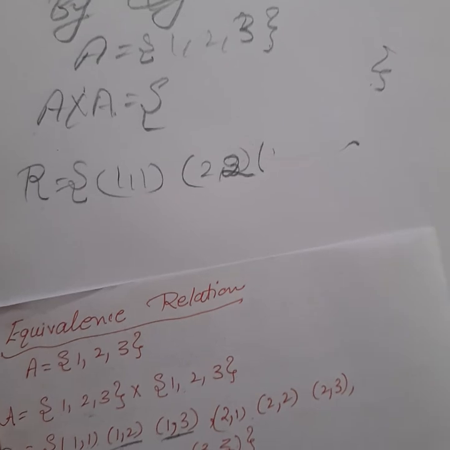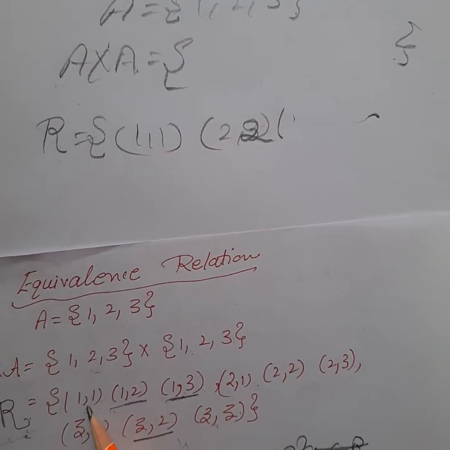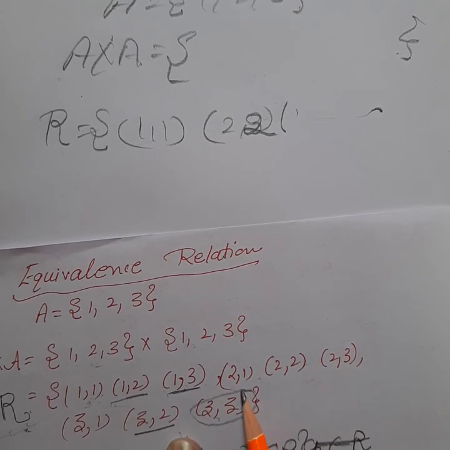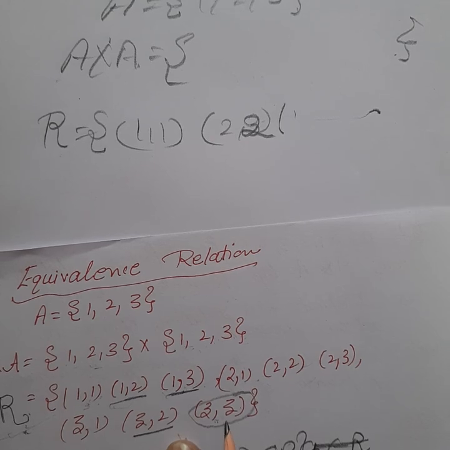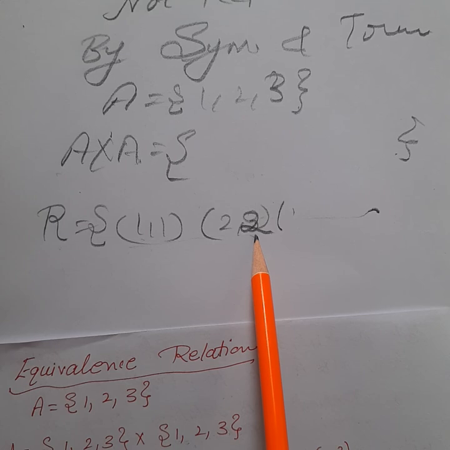You can write all the elements. Yes, you can write all the elements. You can see that (1,1), (2,2), and we do not write (3,3), because if we write (3,3), then it covers our reflexive property.